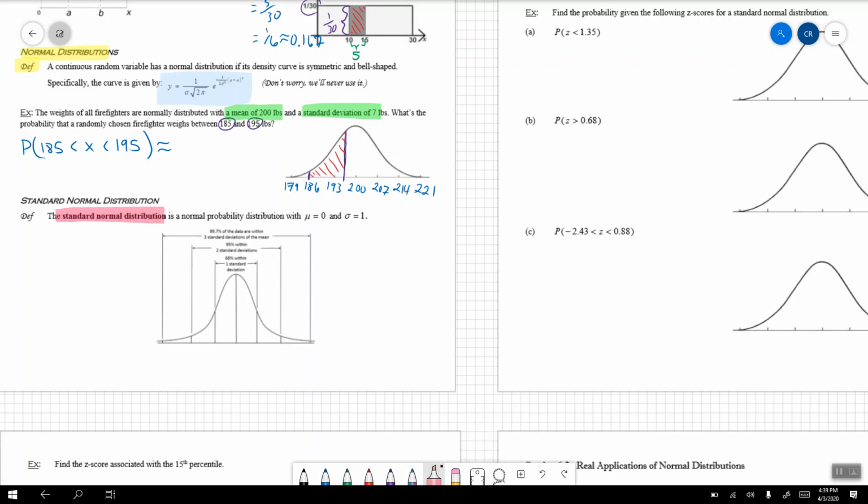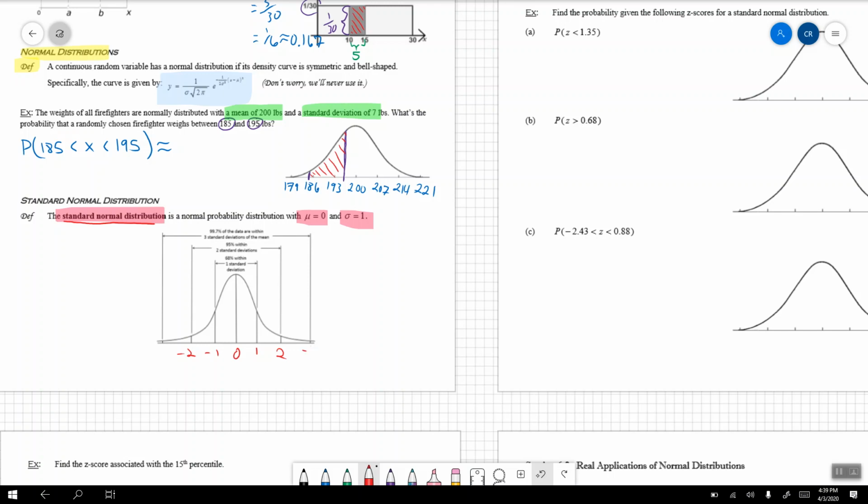So this definition is really, really important: any time that they're giving us the standard normal distribution, it means that the bell curve is centered at 0 and it has a standard deviation of 1.